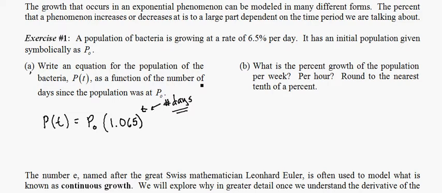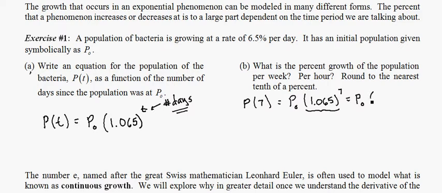Alright, well, think about this. After 1 week, what we're really doing is looking at the population at 7 days. So that's going to be p sub 0 times 1.065 to the 7th. Now, ironically, I don't really care what the population is. I only care what I'm multiplying by.